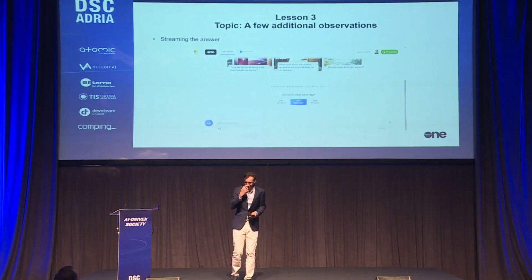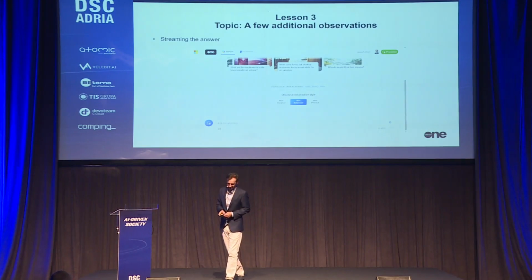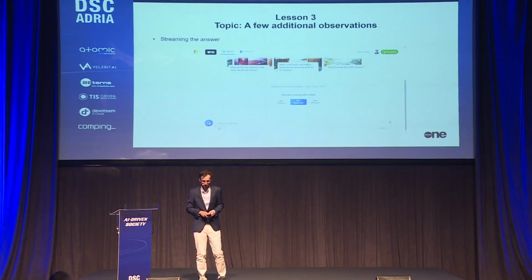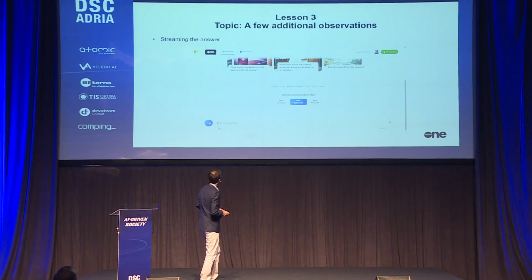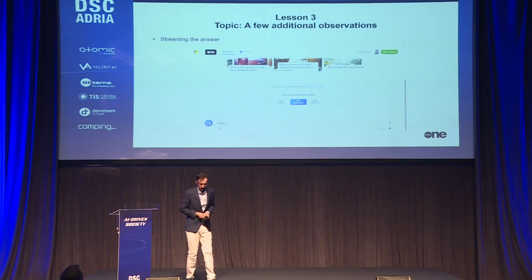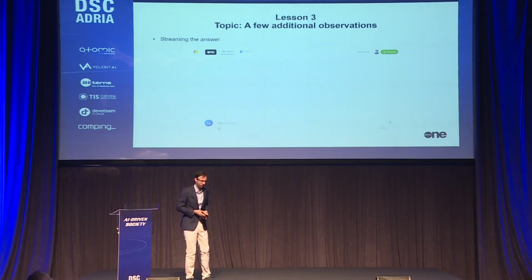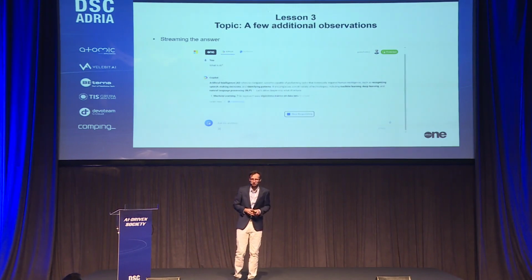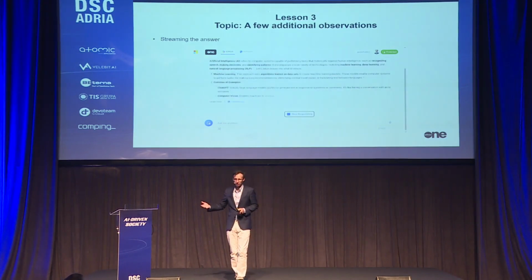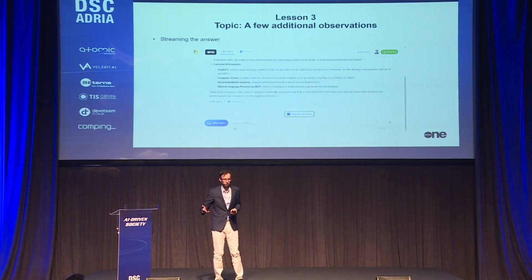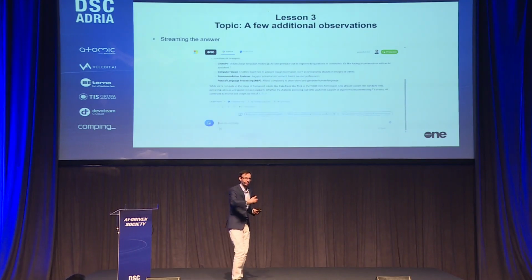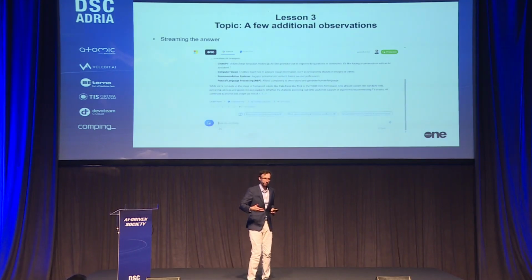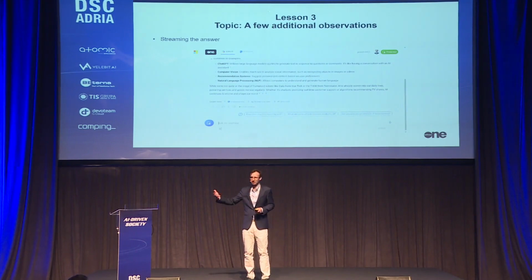Okay, and a few additional lessons that I wanted to provide. The first is about streaming the answer. Regarding chatbot solutions, we should always remember that for the user, it's more important to see that something is being generated than to have the answer very fast.